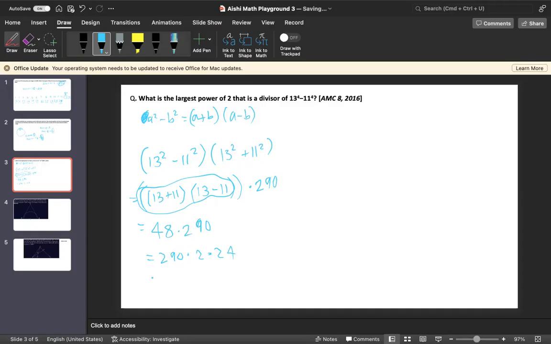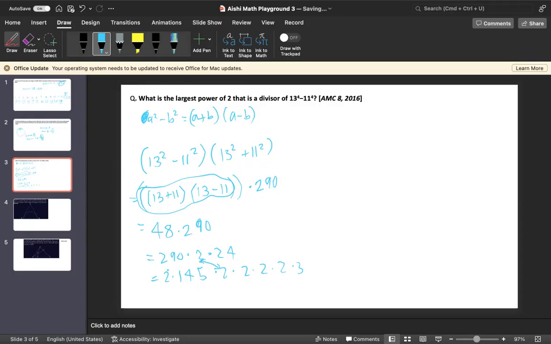Okay, so we can write 290 as 2 times 145, times 2 because of this one, times we can write 24 as 2 times 2 times 2 times 3.